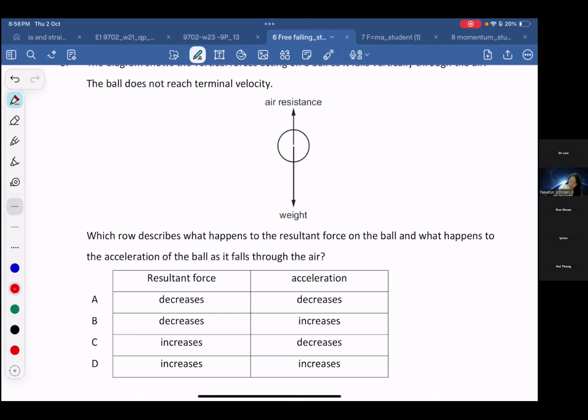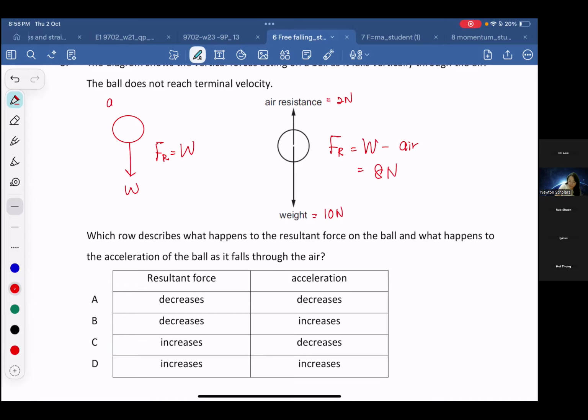Resultant force. Initially, there is only weight. Then after that, we start to have air resistance. So this resultant force is actually the weight minus the air resistance. Let's say here is 10 Newton and here is 2 Newton. What is your resultant force? 8 Newton.